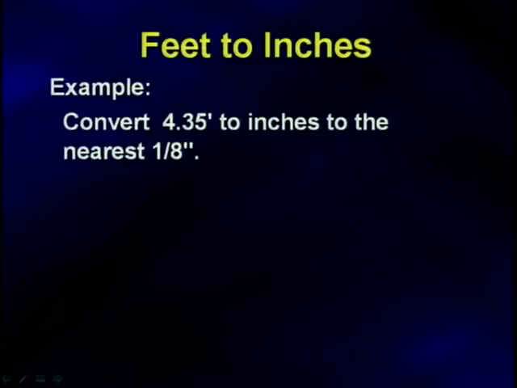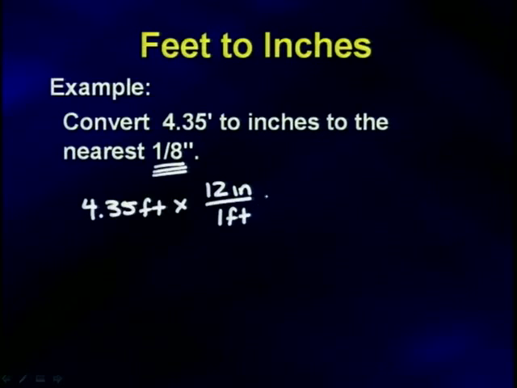Now let's do that same calculation, except we're going to round it to the nearest 1/8 of an inch when we're done. So same calculation we did before, 4.35 feet times 12 inches over 1 foot, which gave us 52.2 inches.